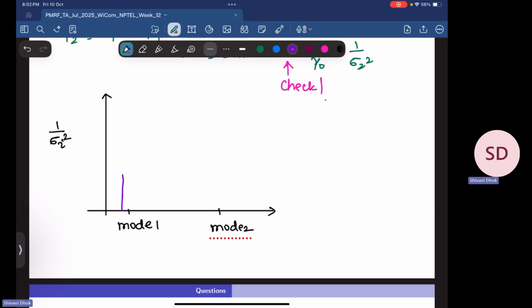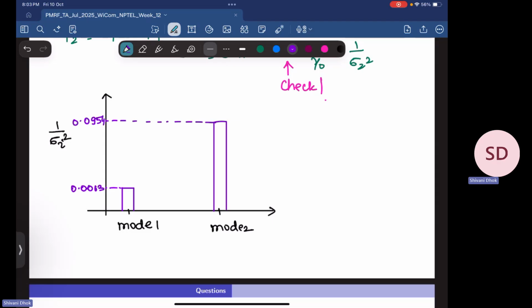This one, mode 1, had a value of 0.0063, and the second one has a value of 0.0954.